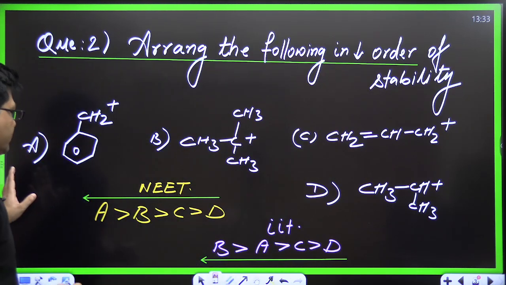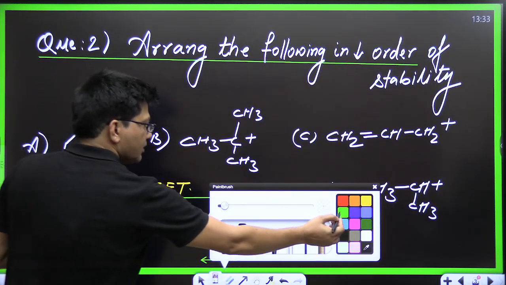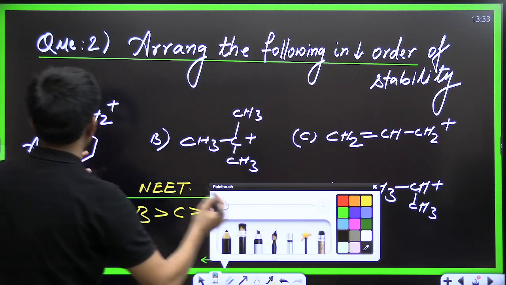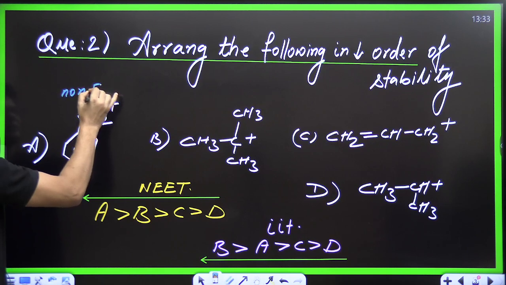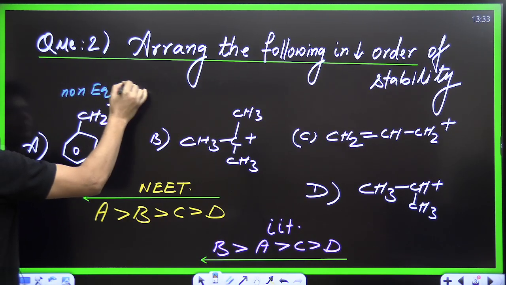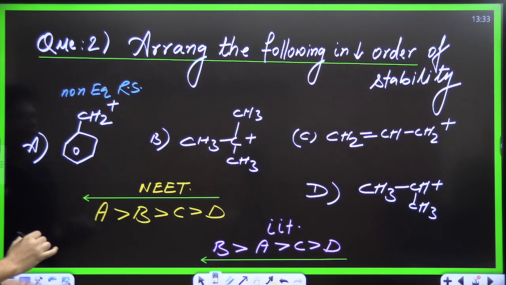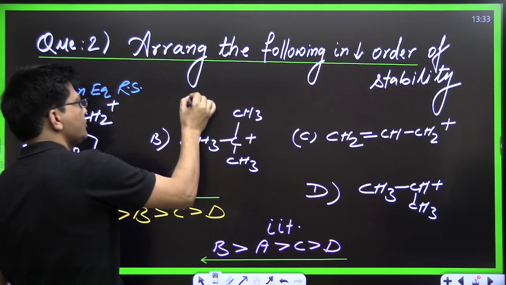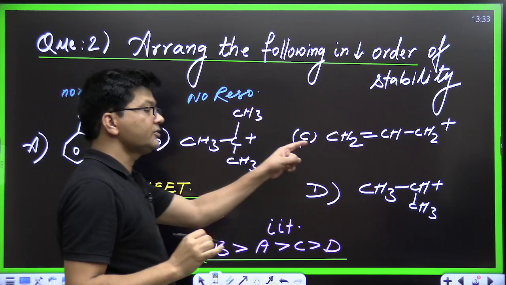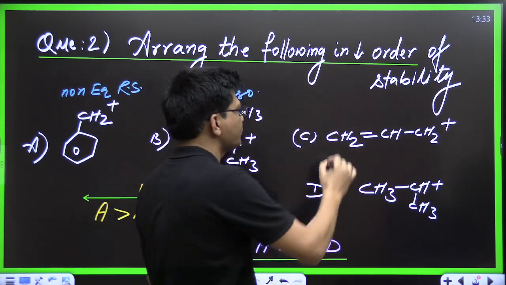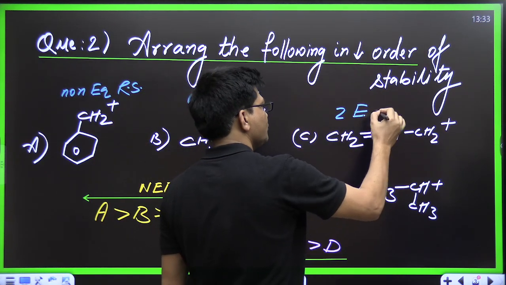This is for NEET. Now, kids, just see to it. This is your benzyl. It is having non-equivalent resonating structures. But here there is no resonance. And here there are two equivalent resonating structures.